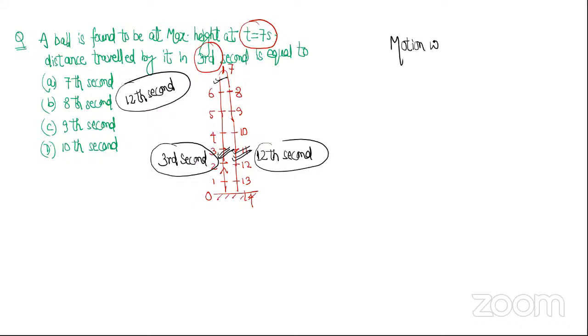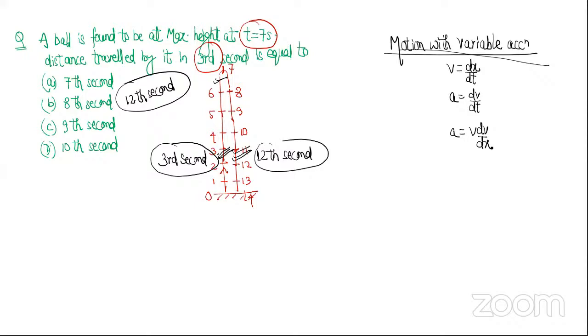Variable acceleration. लिखो मोशन विथ वेरिएबल एक्सेलरेशन. अब इसको पढ़ने के लिए आपको इंटीग्रेशन डिफरेंशिएशन चाहिए. याद है? याद नहीं है तो फिर अभी मैं सारा फॉर्मूला लिख लूंगा. तो इसमें 3 फॉर्मूला की जरूरत होता है ना. फर्स्ट v = dx/dt, सेकंड a = dv/dt, थर्ड a = v dv/dx, isn't it?